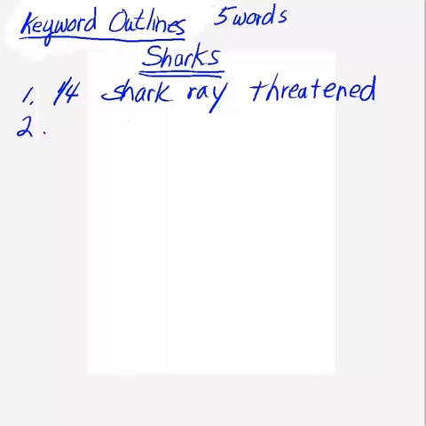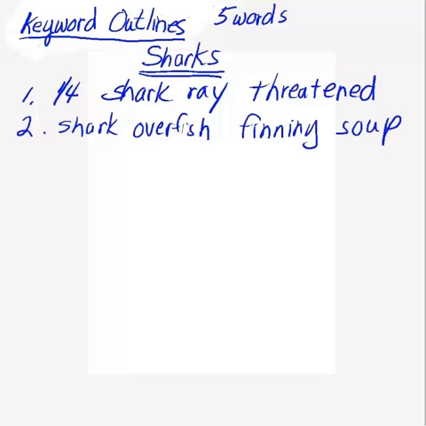So for me, the 5 words that would be most helpful in me remembering this information is sharks, and I'm repeating sharks, are overfished, finning, and soup. So when I go to rewrite this, I'll remember that the key concepts are sharks are being overfished.